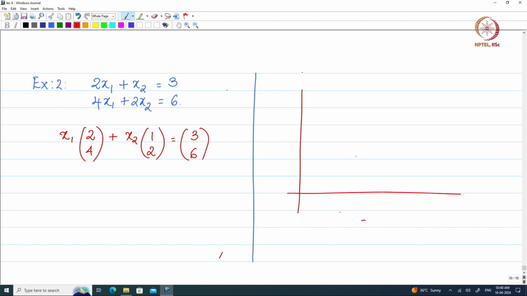So, let us take it here. This is the E1 axis and that is the E2 axis.